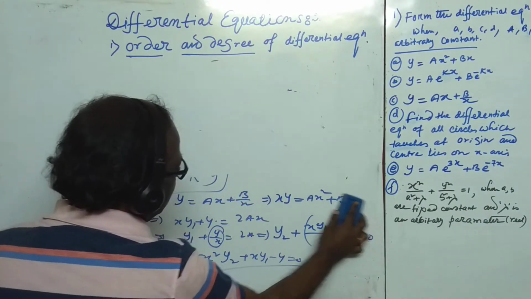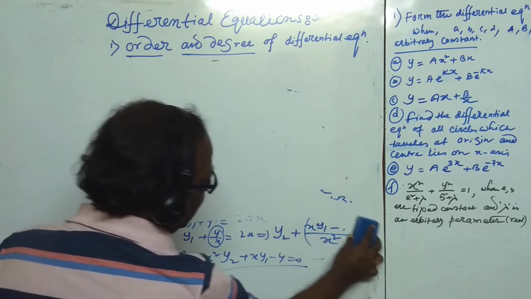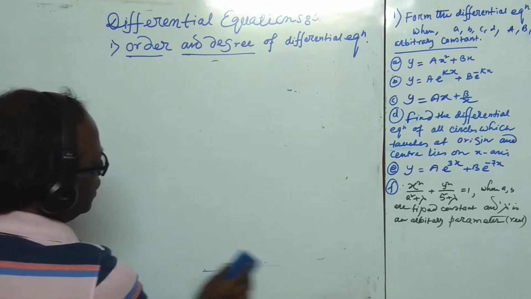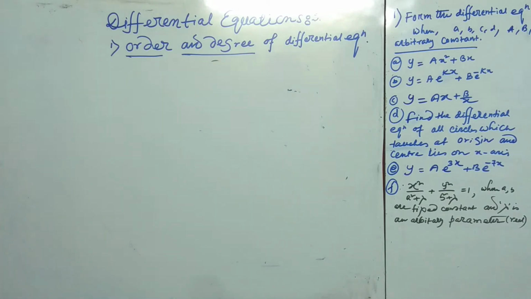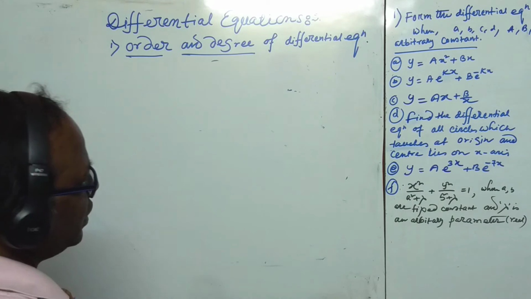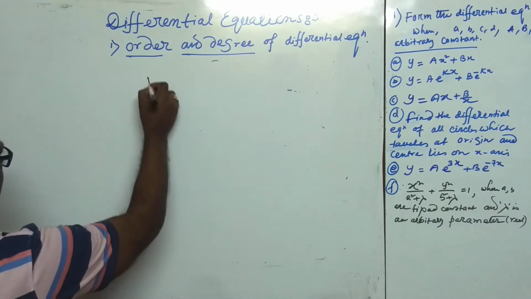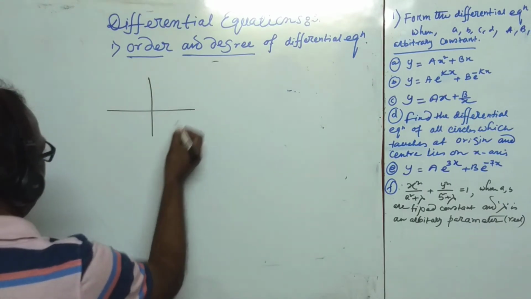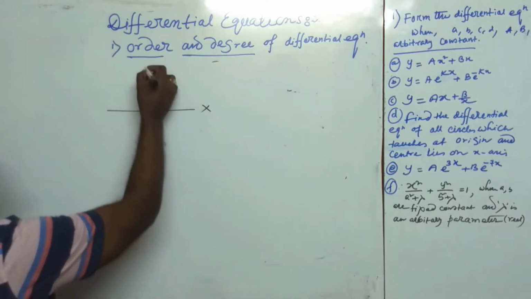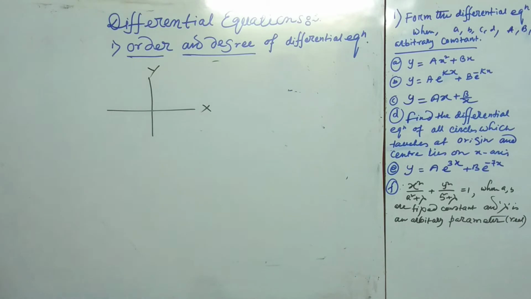and touch at the origin, with the center on the x-axis. According to the question, see the drawing: this is the x-axis and y-axis, positive direction.